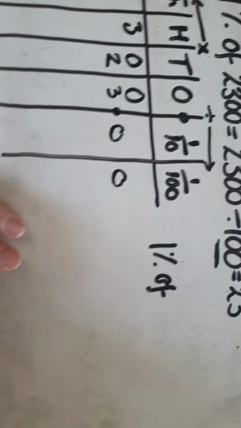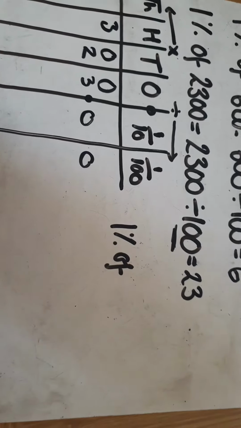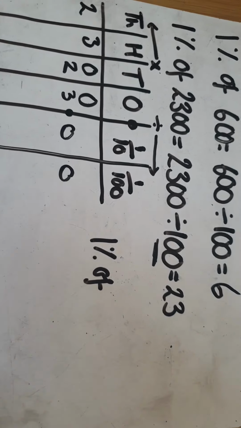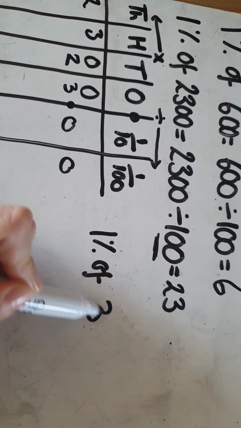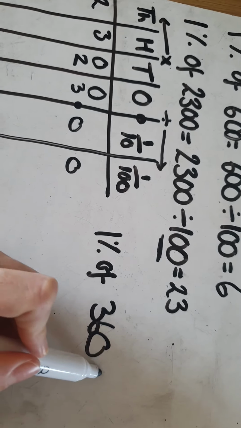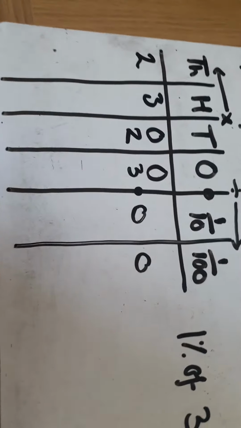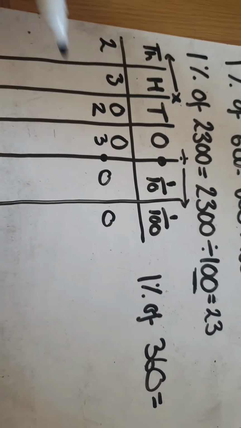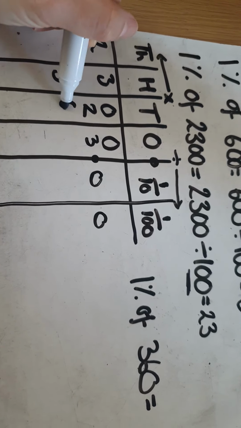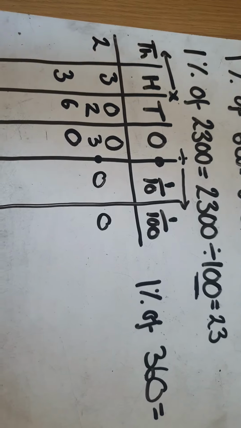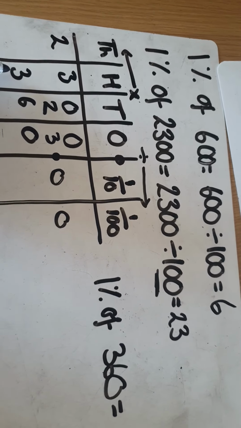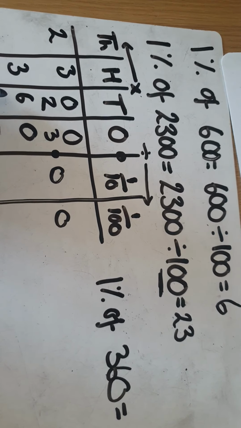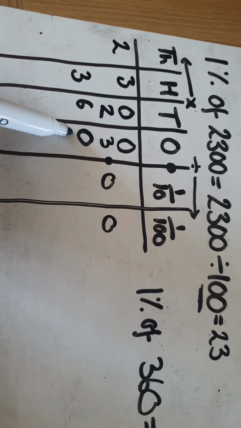Now, moving on to a trickier question, because some of your children might want to go into their decimals. So if we had something like 1% of 360, we can write 360 into our place value chart. So 3 hundreds, 6 tens, no ones. We're moving it 2 places because it's 2 placeholders. So the 3 is going to go from the hundreds column into the tens, into the ones.